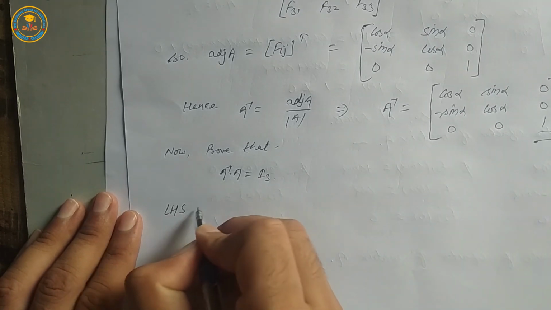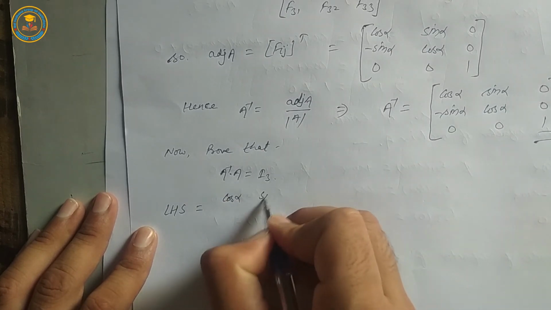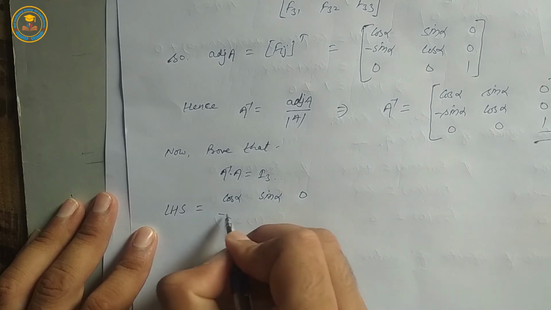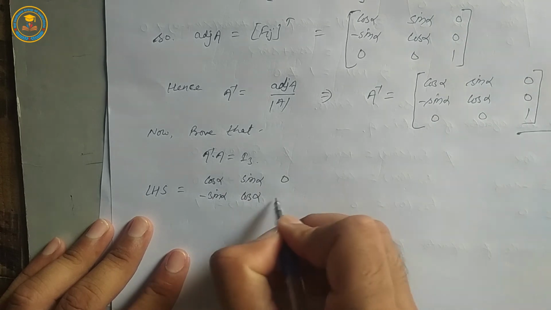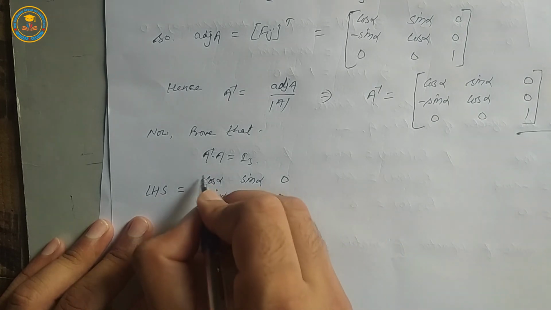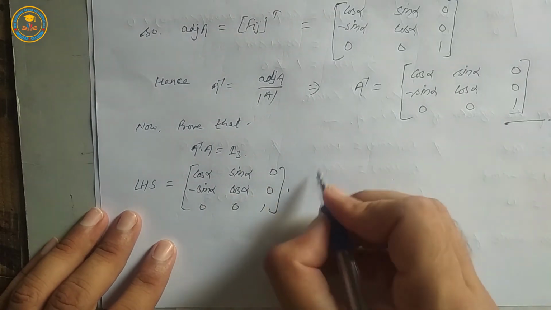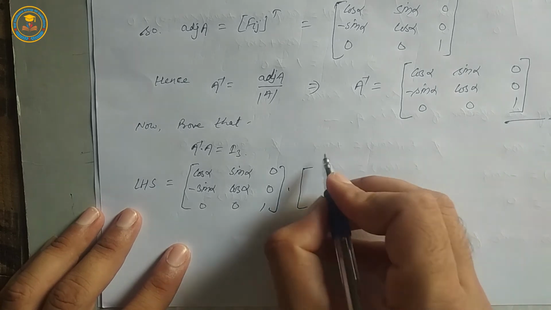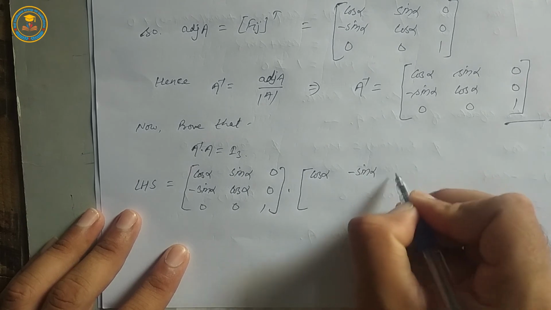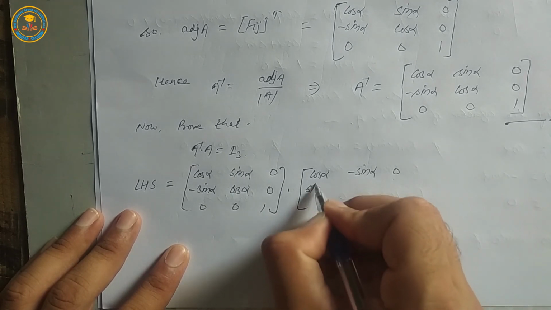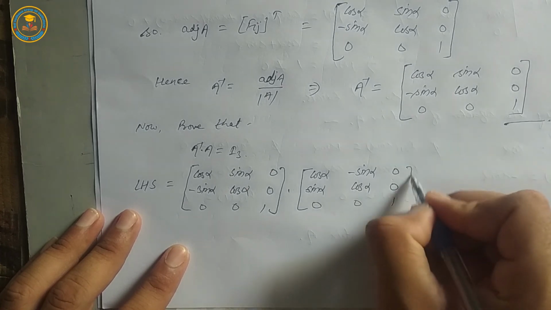LHS is equal to A inverse, cos alpha, sin alpha, 0; minus sin alpha, cos alpha, 0; 0, 0, 1, into matrix A, cos alpha, minus sin alpha, 0; sin alpha, cos alpha, 0; 0, 0, 1.